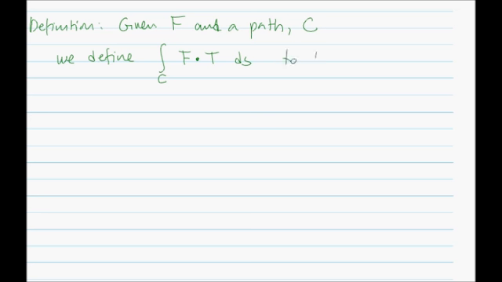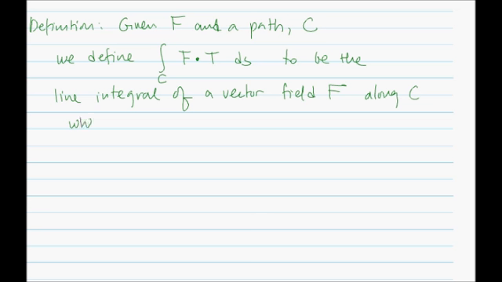Just a given vector field F and a path C. We define this line integral of the scalar function F dot T ds to be the line integral of vector field F along C, where T is a unit tangent vector.